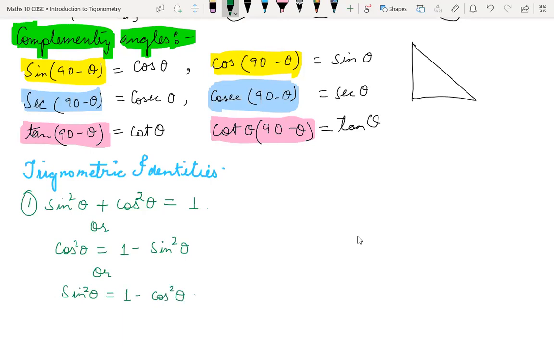Is it clear? These are not three identities. This is only one identity, but written in different ways.